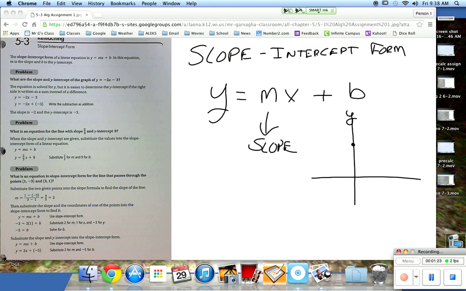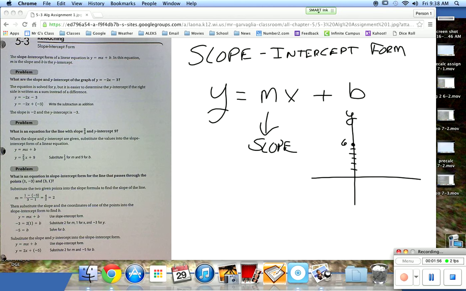So let's say right there, and let's say this number was 1, 2, 3, 4, 5, 6, then that would be your b, your 6. This is where it touches that y-axis. Okay?